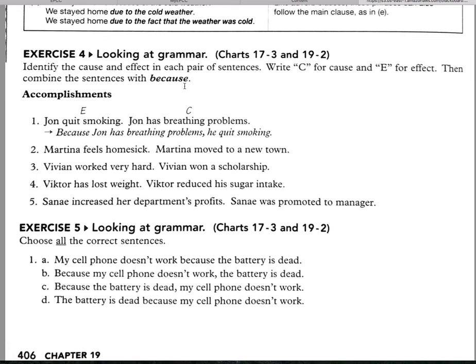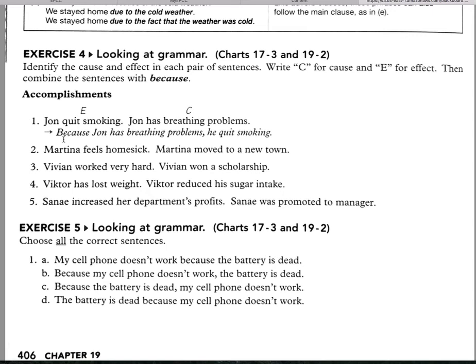Or you can also say, John quit smoking because he has breathing problems. Same thing. You can use your adverb clause at the beginning, followed by a comma, then your main clause, or you can put your main clause first, followed by the adverb clause, no commas necessary. But you would use the proper noun instead of he at the beginning if you're using the main clause first.